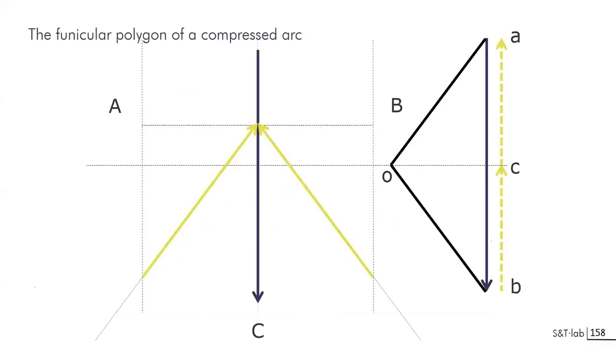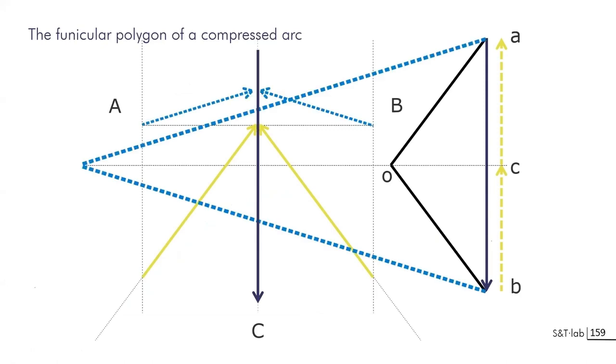Let's move to the funicular polygon and the first application. If you have a system of three forces, you can build the corresponding polygon of force on the right, and you see that as soon as you move the pole of the system far away from the line of loads, the load line, the force will be increasing a lot.